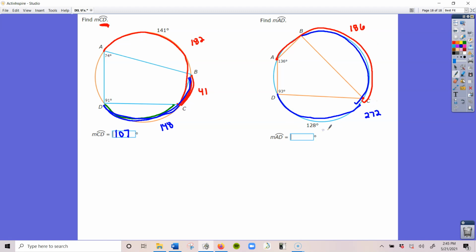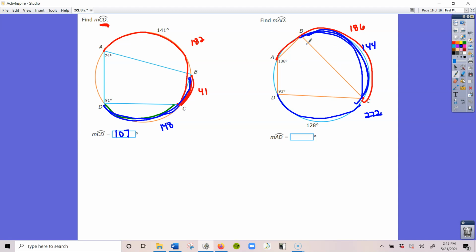Now I am told here that this part of the blue is 128. So I can get this part of the blue by subtracting 272 minus the 128, which gives me 144. So that's this. That is 144.